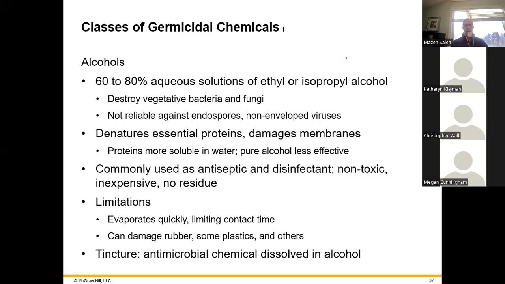Right. So alcohol preparations are not reliable against endospores and non-enveloped viruses. So they're not typically considered to be sterilants, right? It works by denaturing proteins and solubilizing membrane lipids. And that would be, of course, enough to kill vegetative cells.